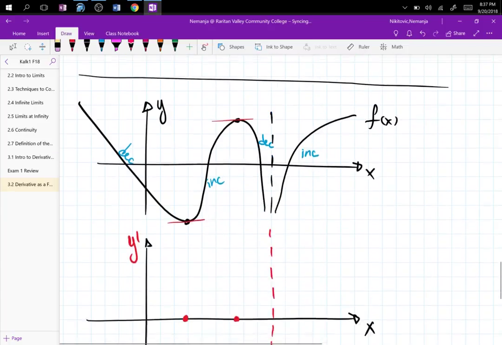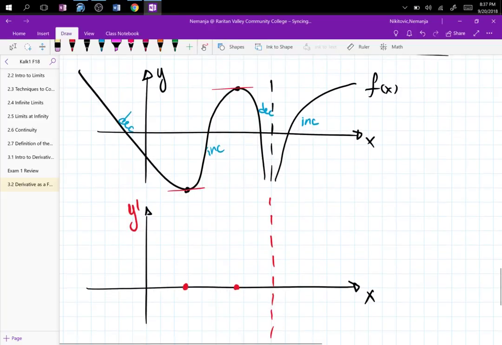So now I can apply that to this picture. As you can see, between the min and the max, I have increase. If I have increase, that means the derivative is positive.